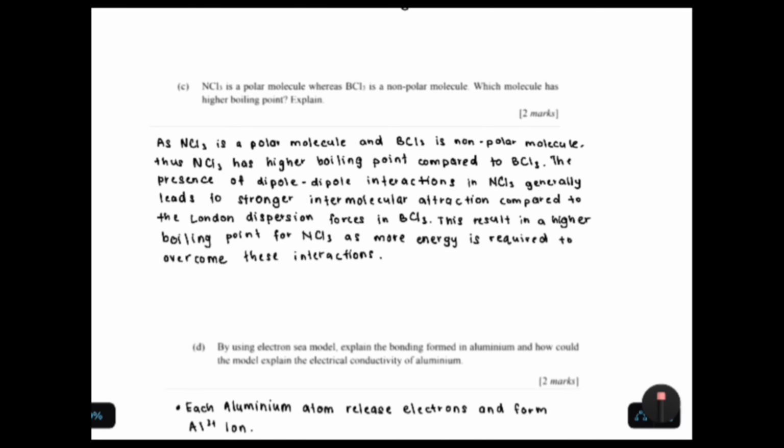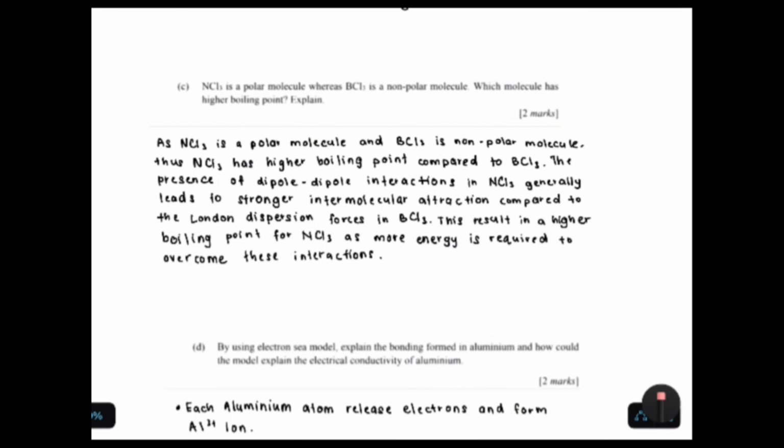This results in a higher boiling point for NCl3 as more energy is required to overcome this interaction. So we need to state the interaction between NCl3 and BCl3, then we compare which one is higher or lower. If the question didn't state whether it is a polar or non-polar molecule, we need to state it.